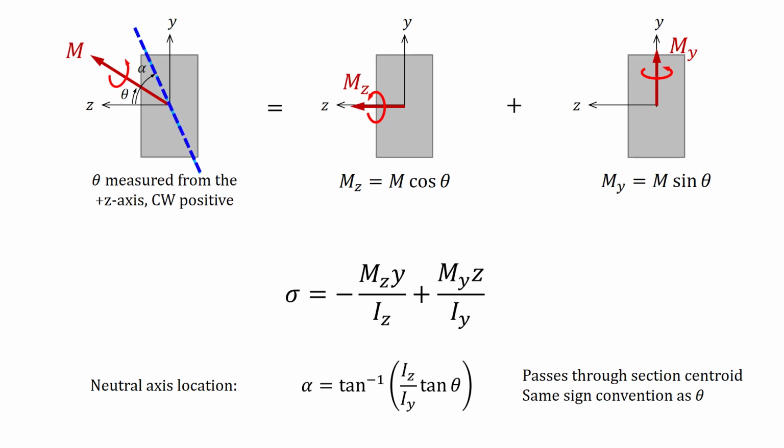The neutral axis of the cross-section, where the normal stress is 0, can be defined by the angle alpha. Alpha is computed using the equation shown. The neutral axis passes through the section centroid. Alpha uses the same convention as theta, clockwise positive, and measured from the positive z-axis.